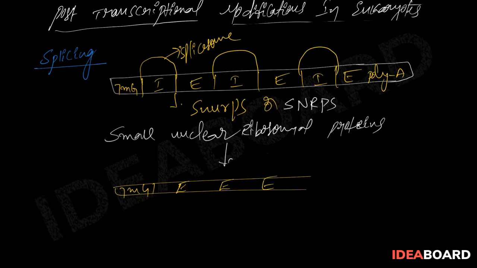Even the length of the mRNA will be reduced. This is the 5' and 3' region, and this is the poly A tail. These are what we call spliced out introns.